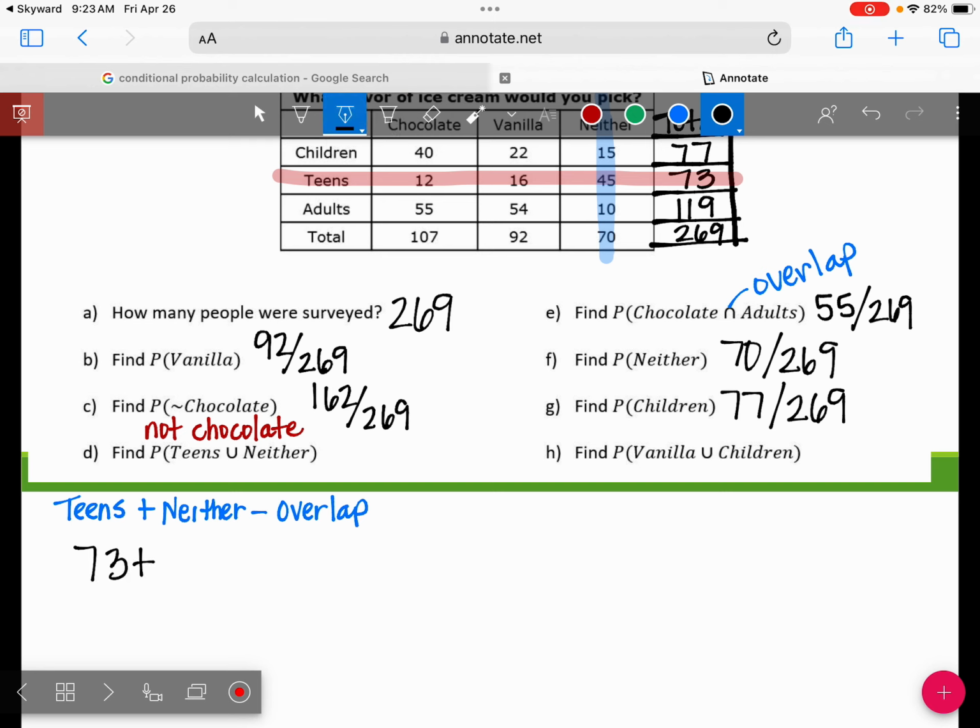Plus, how many people said they like neither? 70. And then how many people did I overlap? How many are pink and blue when I highlighted? 45. Pick up your calculators. Add 73 plus 70 and subtract 45.